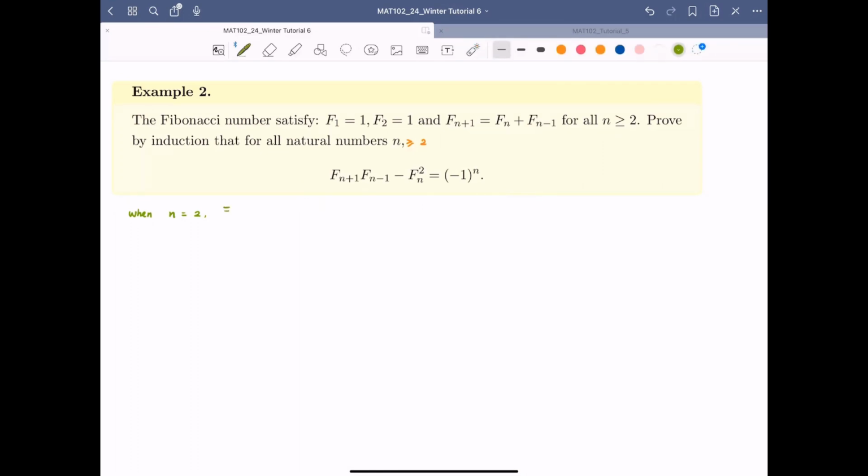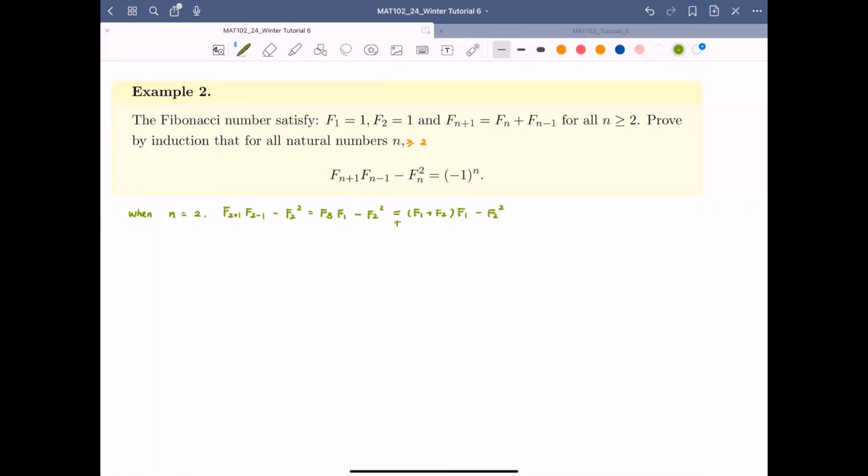So f of 2 plus 1 times f of 2 minus 1, minus f2 squared, is going to be f3 times f1 minus f2 squared. f1 and f2 are given to you, but f3 is not given, but we can use the definition. f3 is f1 plus f2, times f1, minus f2 squared.